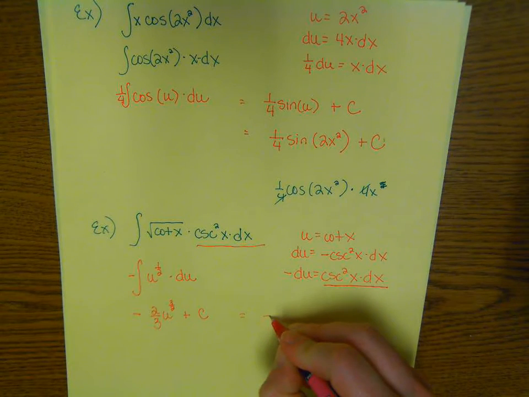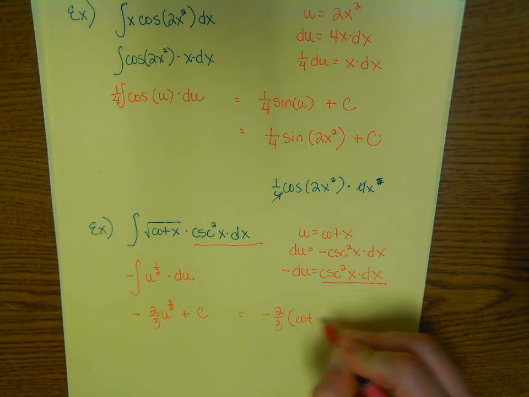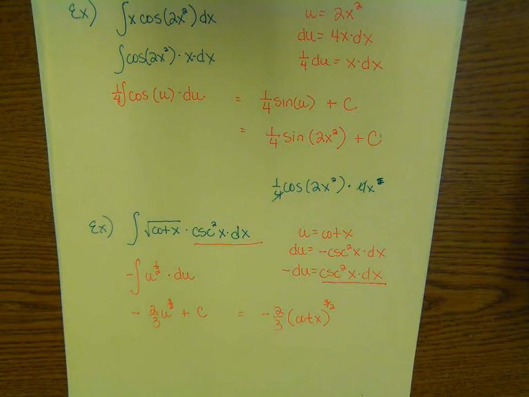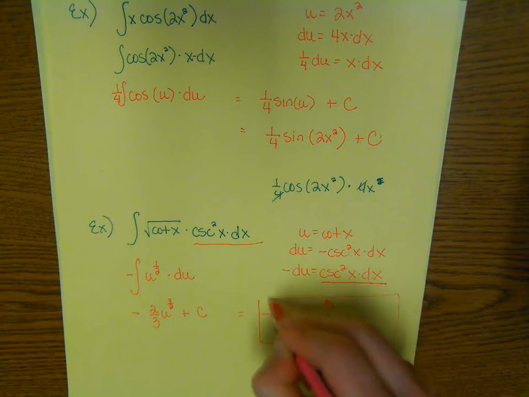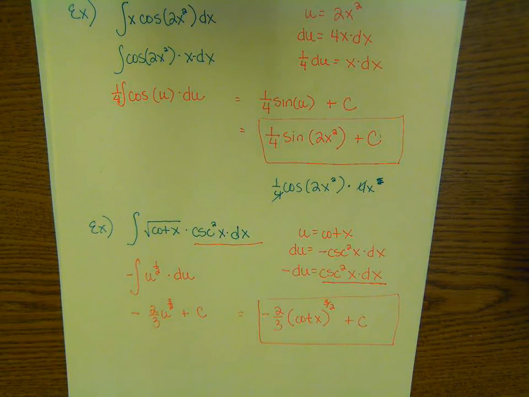And this would be negative 2/3 times cotangent of x to the 3/2 power plus c. Which again, you can go back and write it as a cube and a square root if you would like.